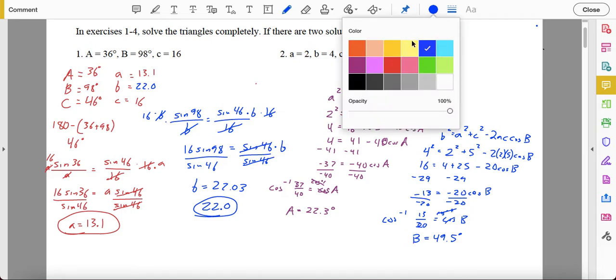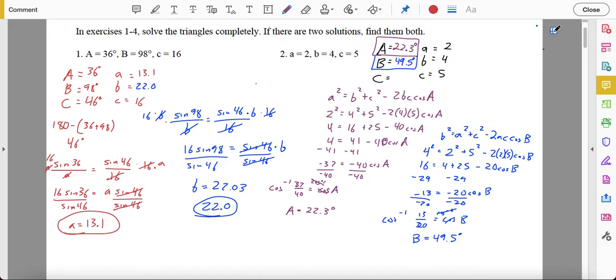And now we can finish this off, finding our third angle. We could use the law of cosines again, but there's an easier way. Remember, when we know two angles, the third we can find by knowing that the sum of these three is 180. So we can do 180 minus the sum of 22.3 and 49.5.